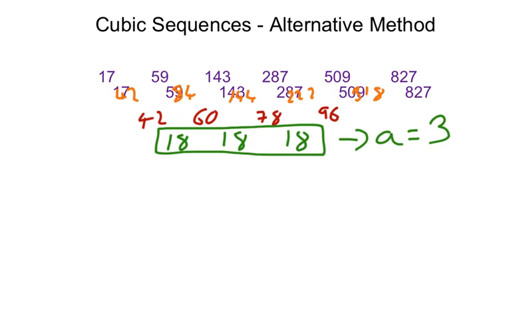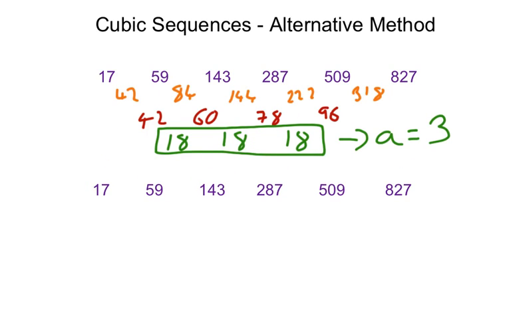Now once again, we take a copy of our original sequence, un, and from that we're going to subtract 3n cubed, because a is 3. We know we have 3n cubed in our general term, so we're going to take that away from our sequence.